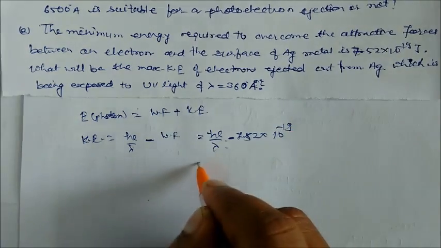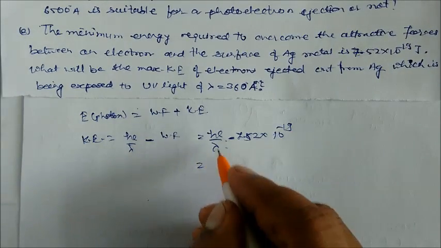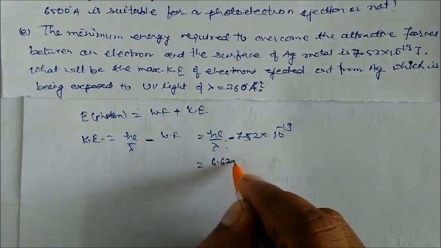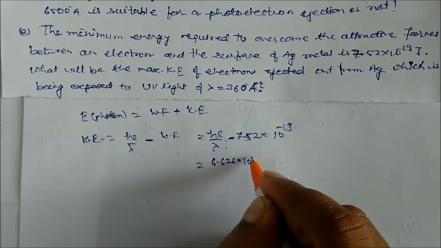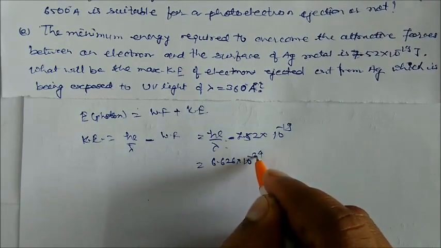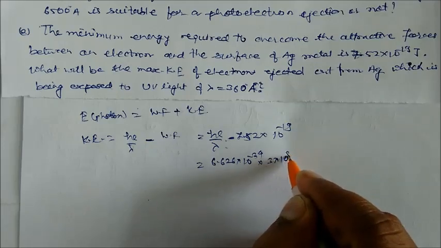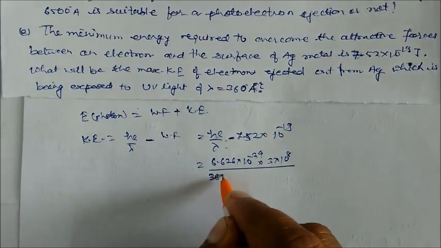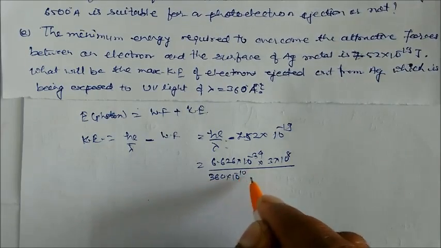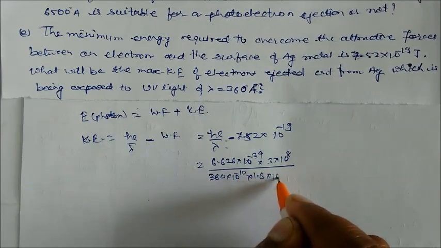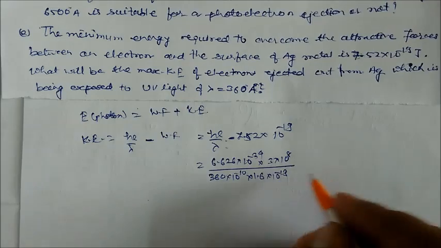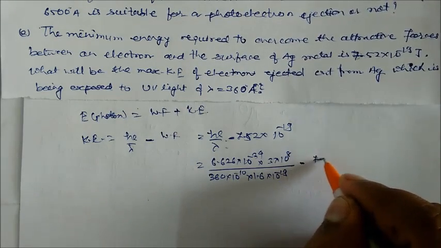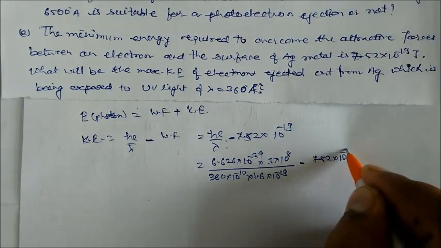So on putting this, it will be hc upon lambda, and the work function is 7.52 into 10 to the power minus 19. Putting the values, hc is 6.626 into 10 to the power minus 34 multiplied by 3 into 10 to the power 8, and lambda is given here as 360 into 10 to the power minus 10, into 1.6 into 10 power minus 19, minus 7.52 into 10 to the power minus 19.